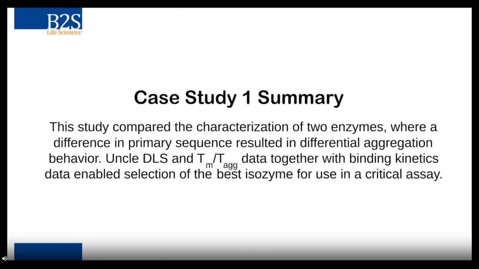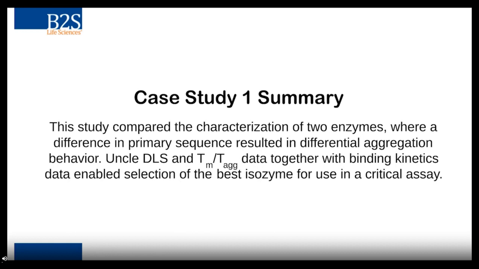So wrapping up the first case study, it was an opportunity for us to use the UNCLE instrument to apply advanced characterization to 2 enzymes which were exhibiting differential behavior in biochemical assays.